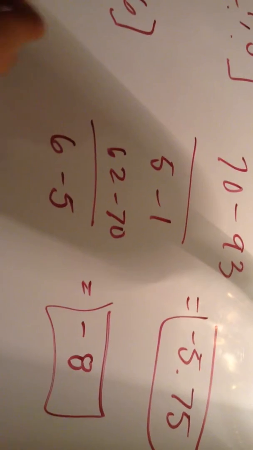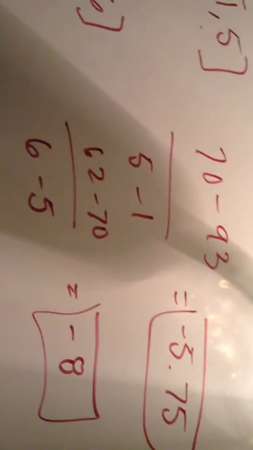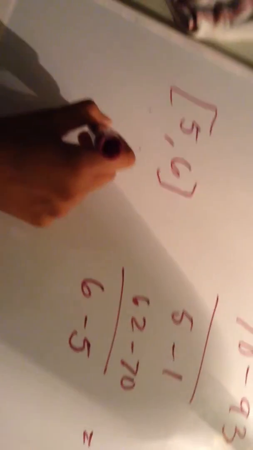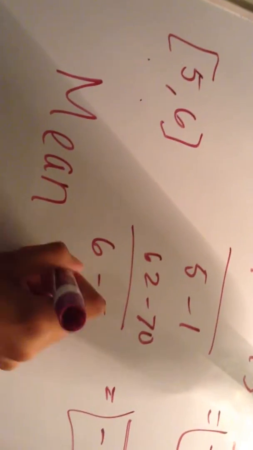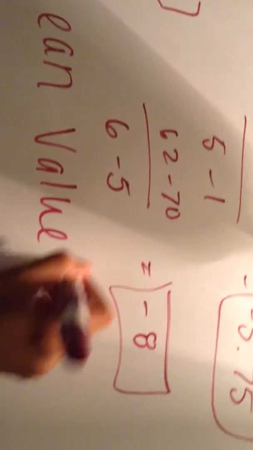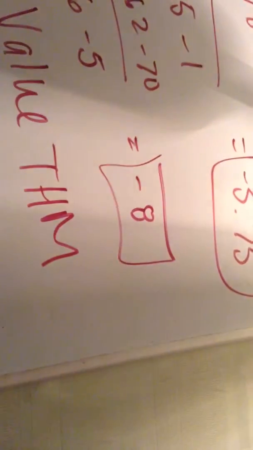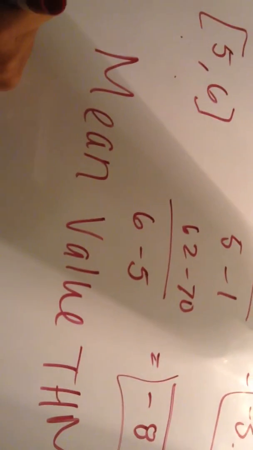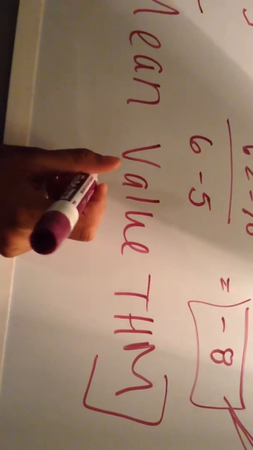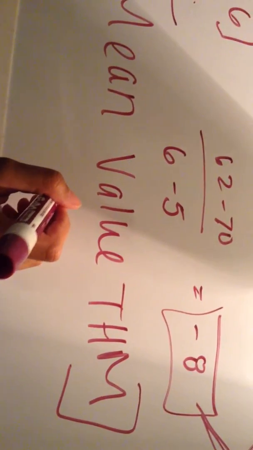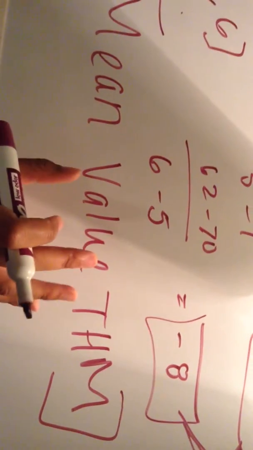And you can justify your reason by including the mean value theorem. You will get a point for these two slopes, and a point for a sentence with your explanation using the mean value theorem, or any other justification that fits this problem.